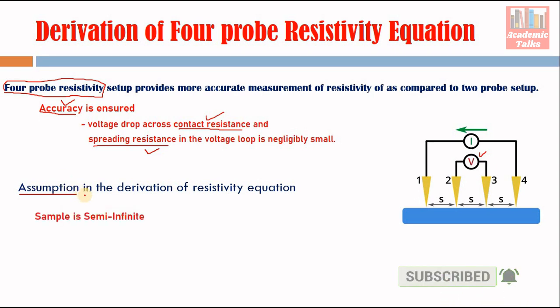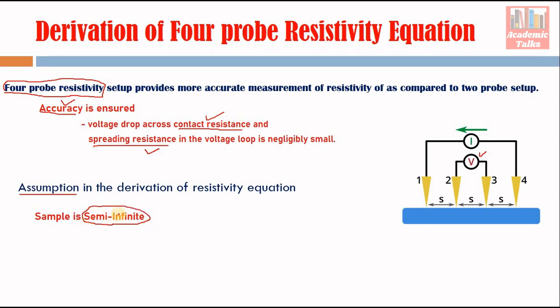Normally the sample on which we are performing the measurement should be very large. Ideally it should be infinite, but an infinite sample is not possible because infinite means something which covers the whole universe, and that kind of sample is not going to be used by us. So practically what we assume is that the sample is semi-infinite, right?